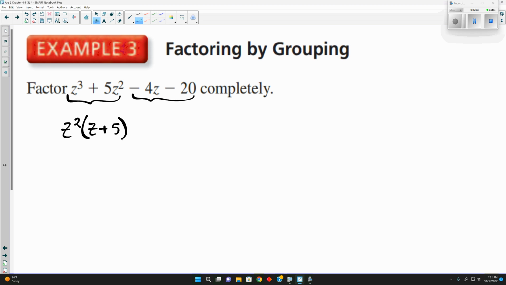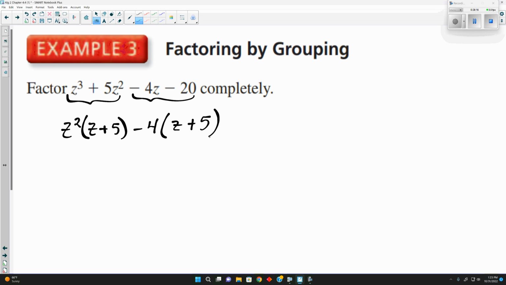Negative 4z minus 20. Is there a greatest common factor between negative 4z and negative 20? Negative 4, yes? If we factor a negative 4 out of negative 4z, we're left with z. If I factor a negative 4 out of negative 20, we're left with plus 5.